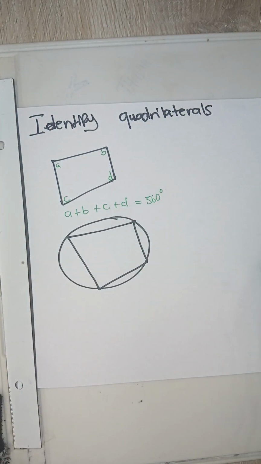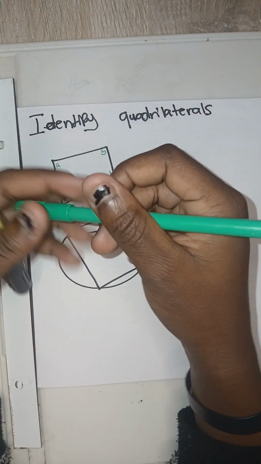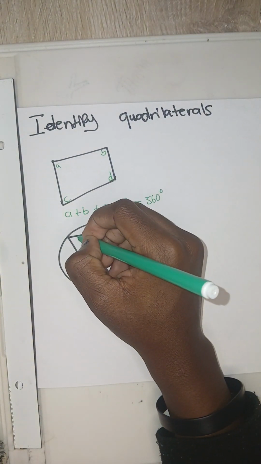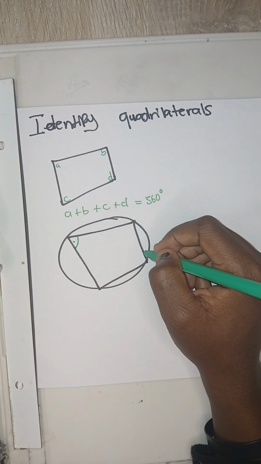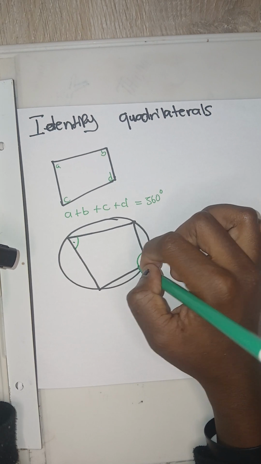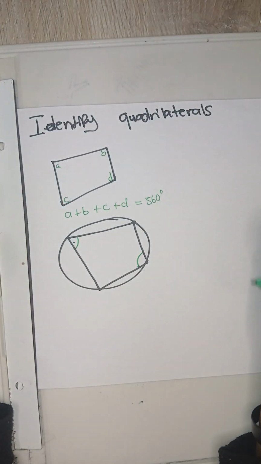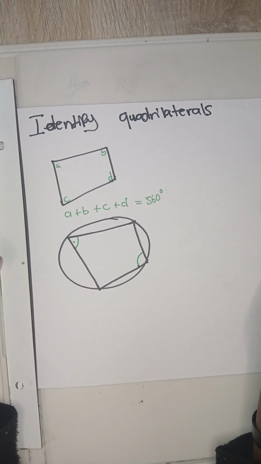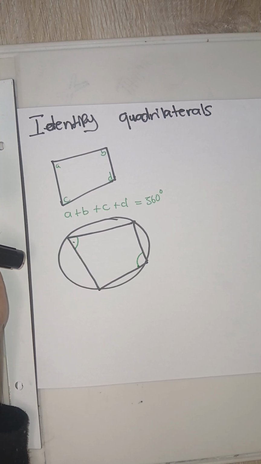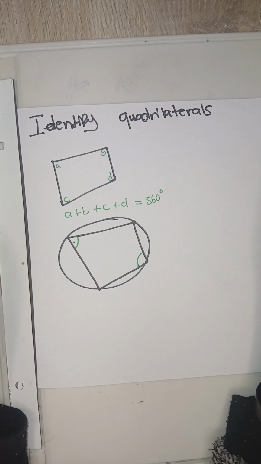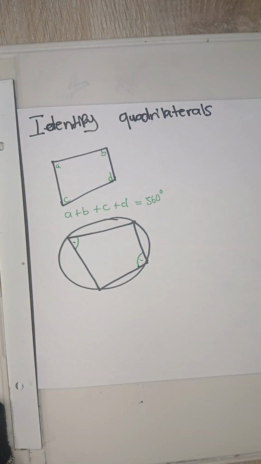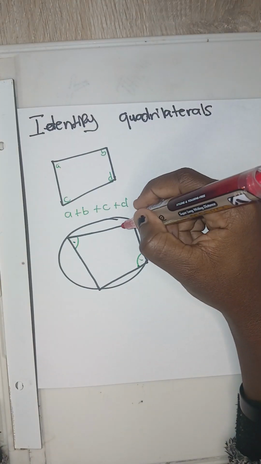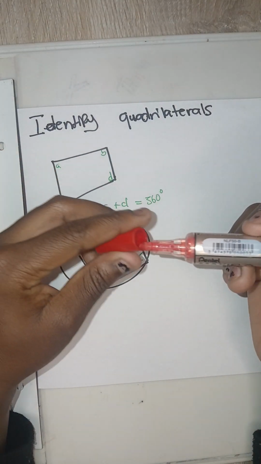So when it's a cyclic quad like this, this angle, when it adds up with an opposite angle, gives us 180. The opposite angles of a cyclic quad add up to 180. These angles, which are opposite, add up to 180 degrees, which means these ones also add up to 180.